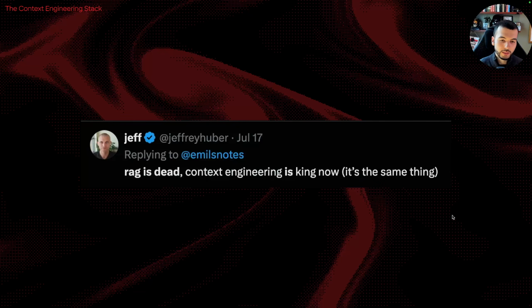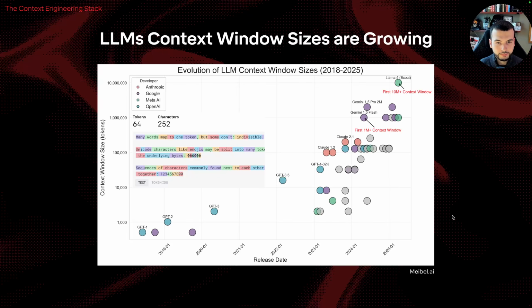So in the beginning, when models first came out, it was all about how do you fit the information that you care about when you only have a few thousand tokens. For those that are not familiar, in this chart you see these things in different colors called tokens, and it's the way that large language models structure data.